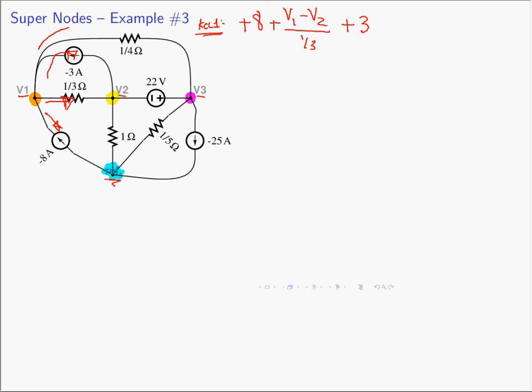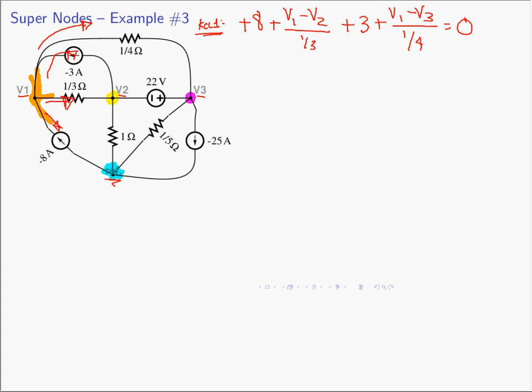And then the current around here is V1 minus V3, passing through a 1/4 ohm resistor, equals 0. If you go back to the previous lecture on nodal analysis, you'll see this equation matches exactly, because the connection of elements to node 1 has not changed, so we get the exact same equation.